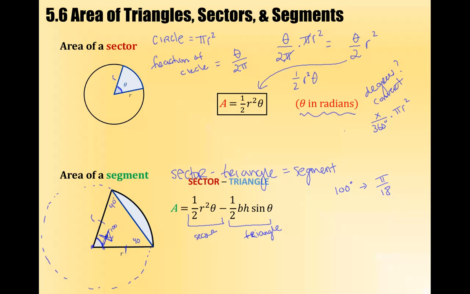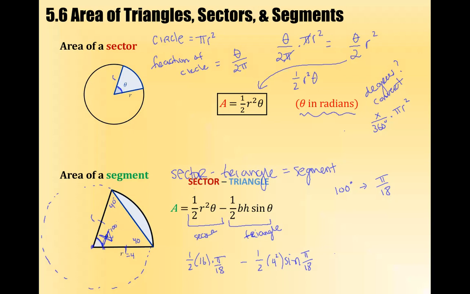And I could go ahead and say I have 1/2 times, let's say the radius was 4, so 4 squared, so 16 times pi over 18. That's going to be the area of the sector. And then because I want the area of the segment, I would do 1/2 base times height. I mean, I have 4 squared times the sine of pi over 18, or whatever I wanted to work with there.